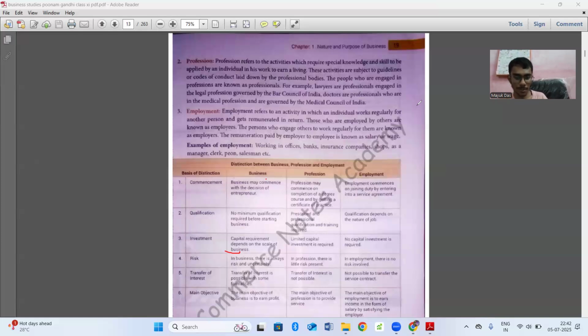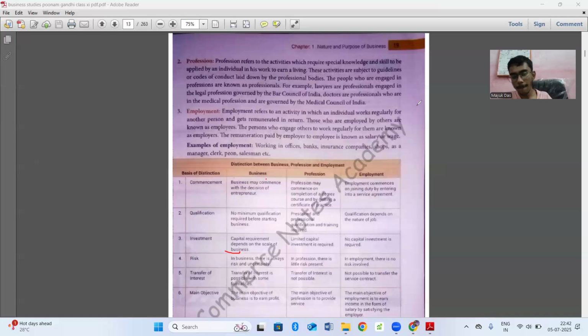Suppose I'm giving another example. To become a lawyer or an advocate in India, first of all, a person needs to have an LLB degree in his hand. Without an LLB degree, a person cannot practice law in India.